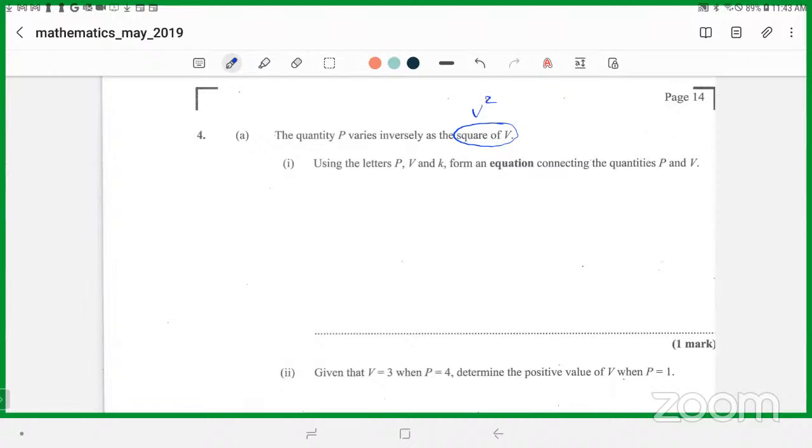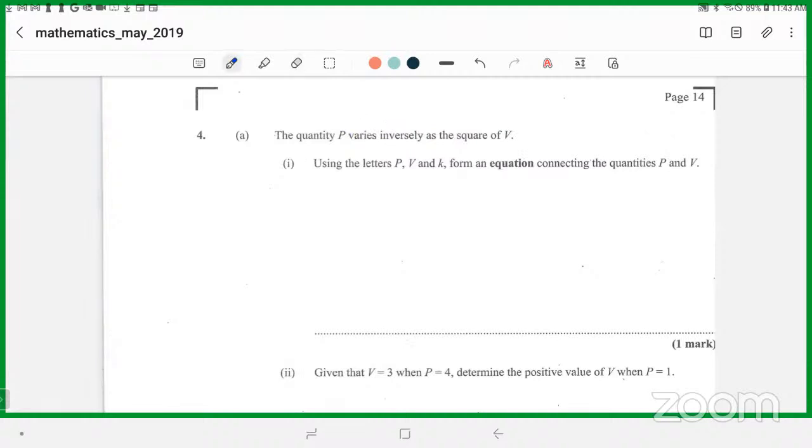So my two variables are P and V squared, and the relationship is inversely. So when it's inversely, the first variable becomes K over the second variable, which is V squared. That's what that statement means. Simple as that. Inversely means K divided.